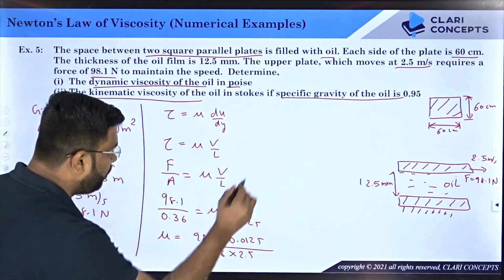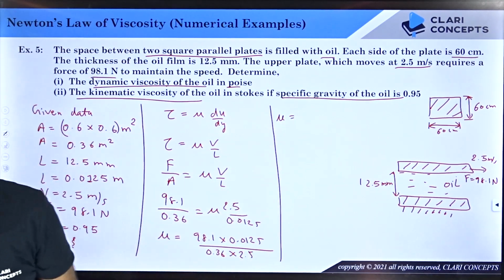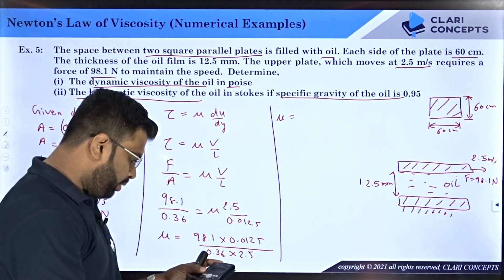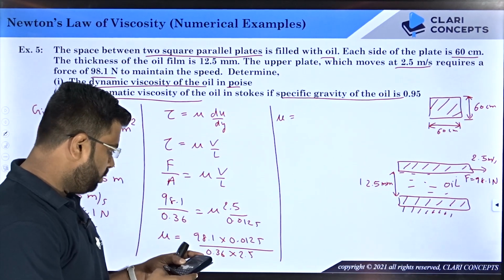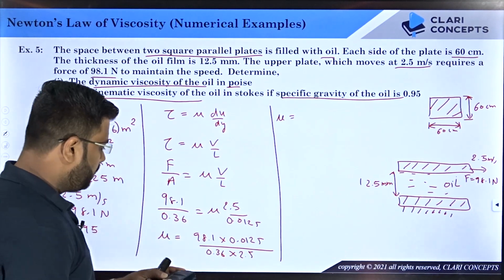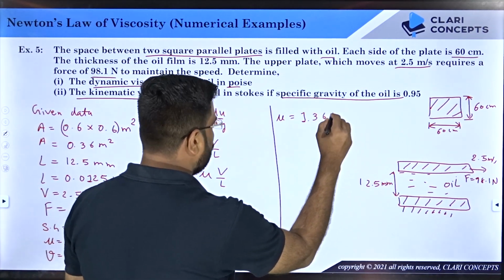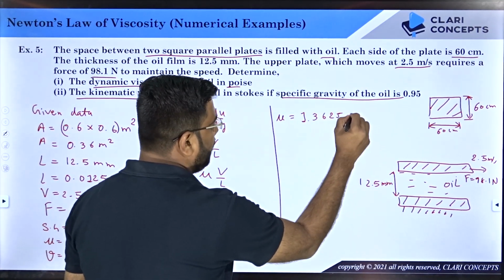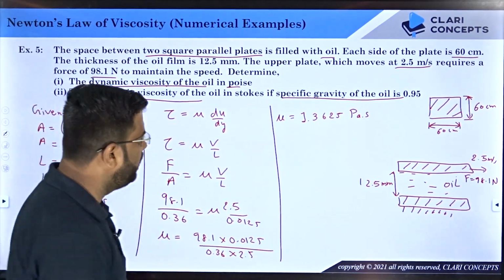So the value of mu you will get is equal to 98.1 into 0.0125 divided by 0.36 divided by 2.5. That is coming out to be 1.3625, and the unit will be Pascal second or Newton second per meter square, which is the SI unit, right?